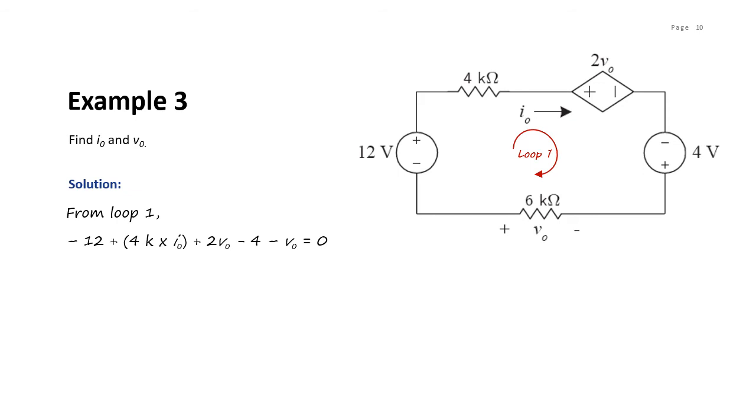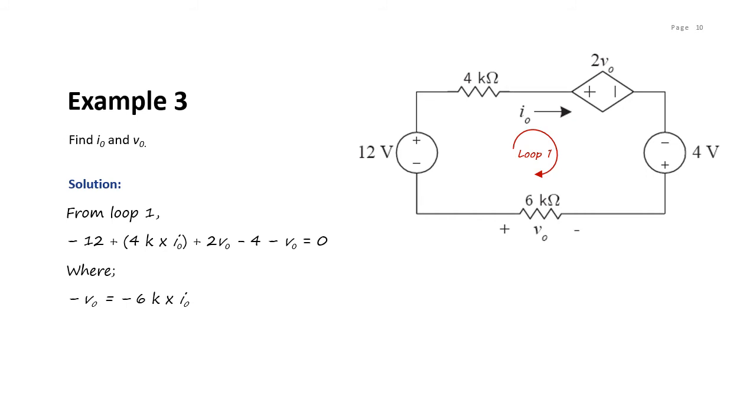Okay, so what do we do next? From the circuit itself, you can see that the last element, V0, is equal to minus 6K multiplied with I0, because the current I0 is entering through the negative terminal of the resistor, so it is minus 6K multiplied with I0.